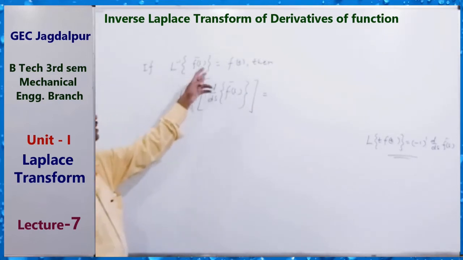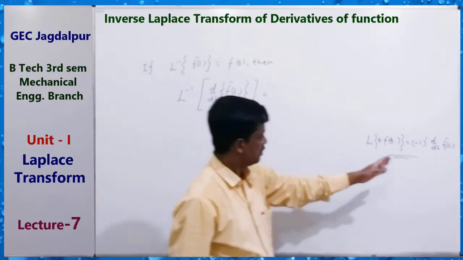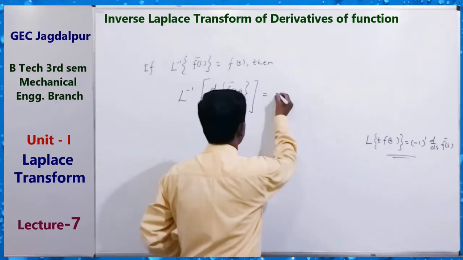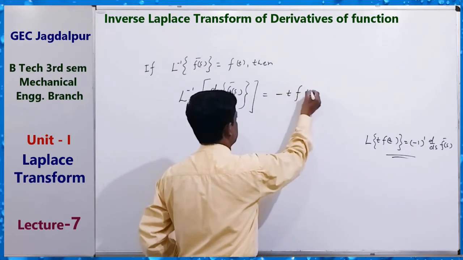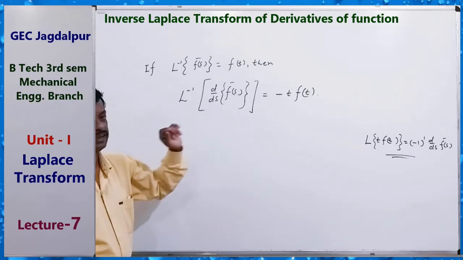Means L inverse f s bar is f t. Then L inverse d by ds of f s bar, here L inverse will be here. So minus 1, right side will be minus t f t. Okay. We can write like this.